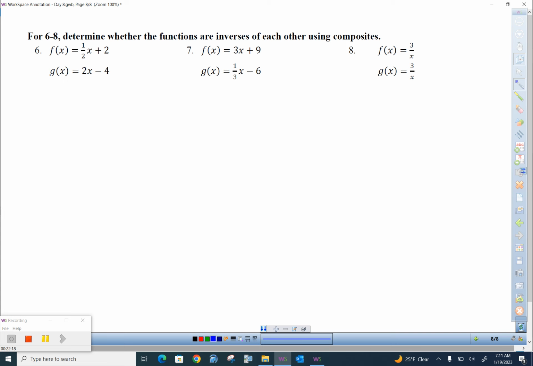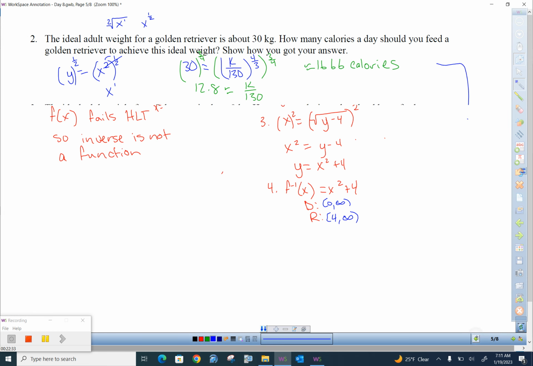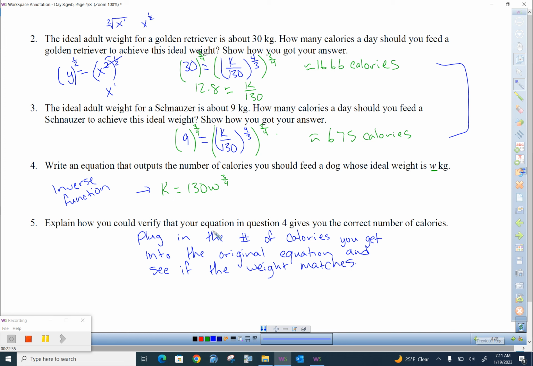All right. This one here is where we're actually going to use determining whether inverses are functions. I'm going to have you flip back over to the front side because we actually already talked about this, just not formalized. When we plug the number of calories into the original equation and see if the weight matches, what we're really saying is we're checking if f of g of x is equal to x.